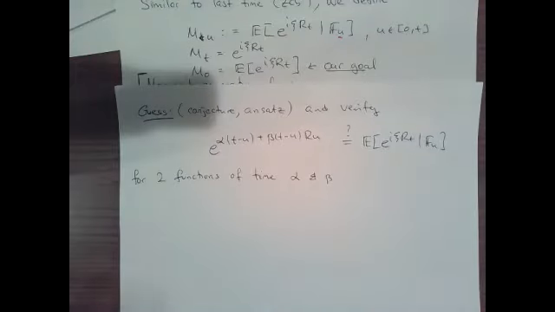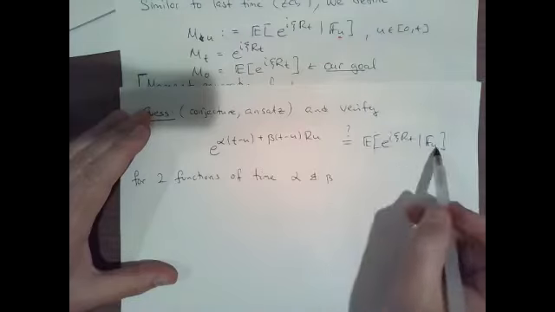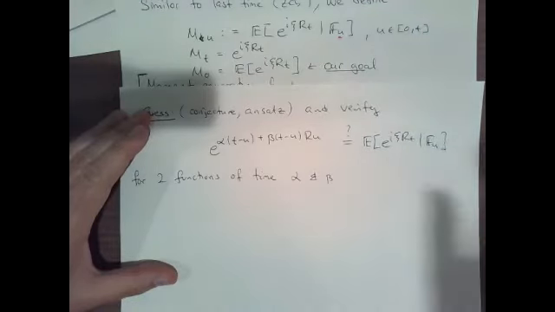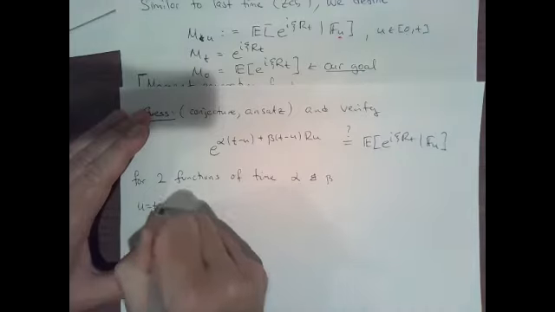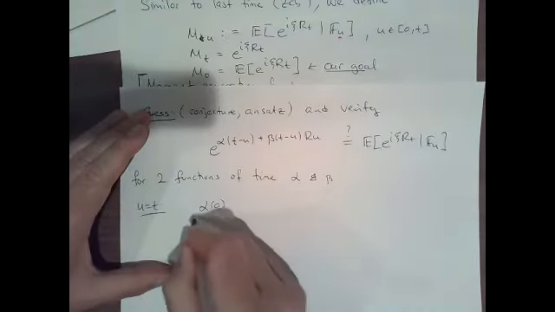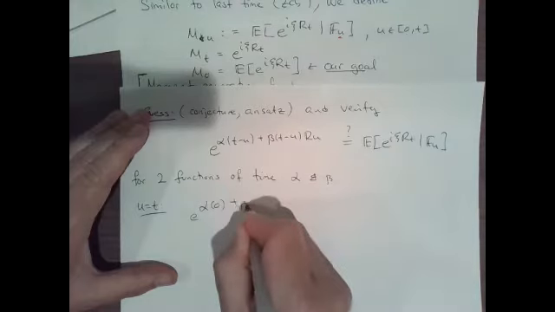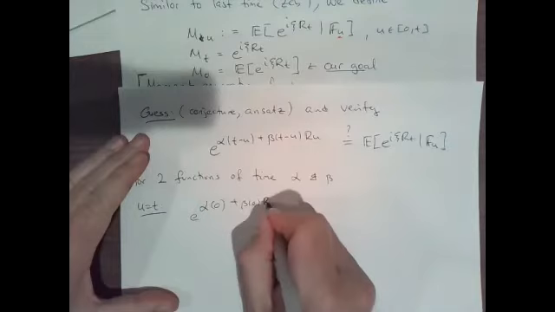Well, we can do some things. We take the left-hand side and evaluate it at u equal to T, and take the right-hand side, evaluate at u equal to T. Then the left-hand side becomes e to the alpha 0 plus beta 0 R_T.